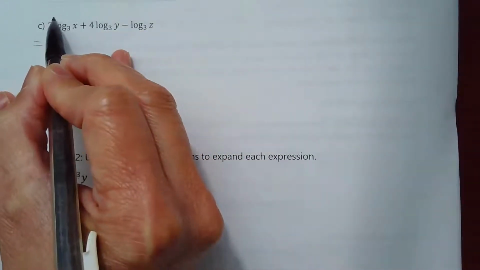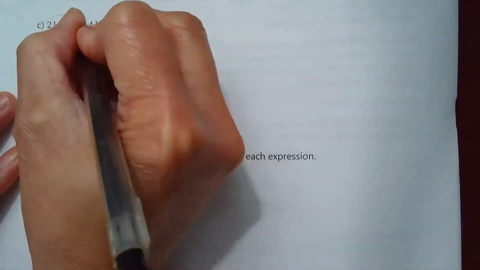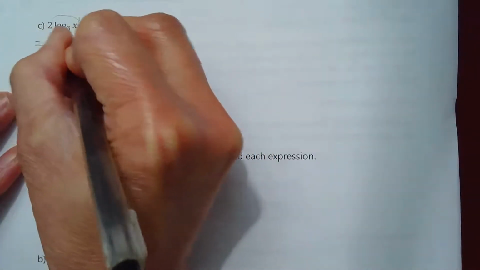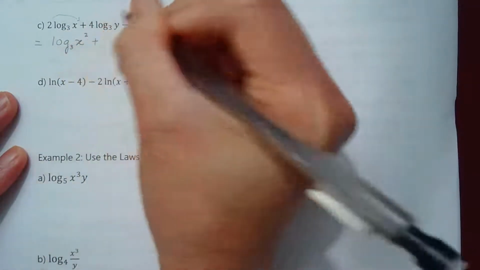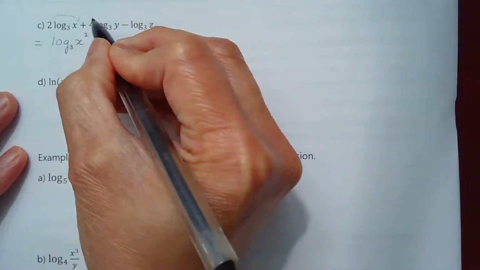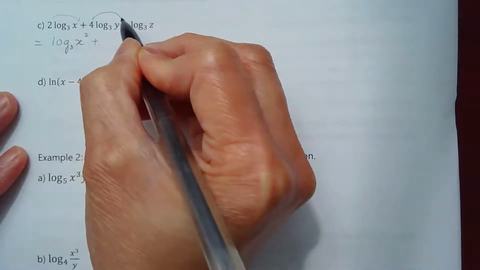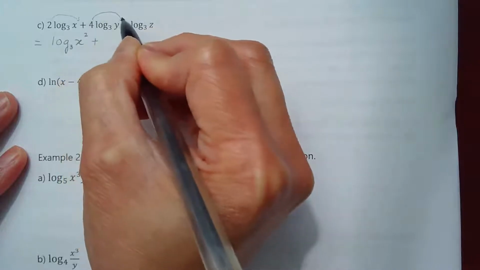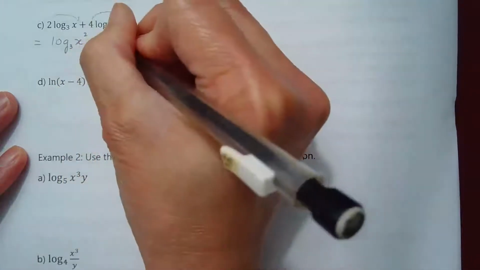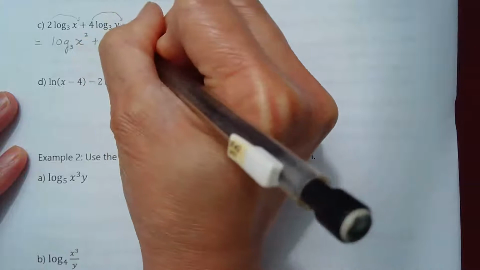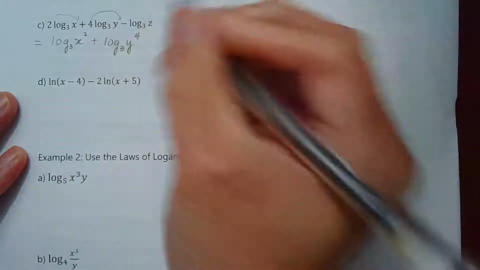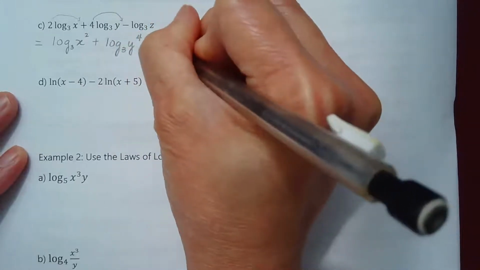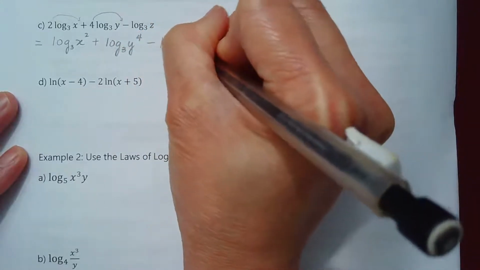So the 2 will be the exponent there. So it becomes log of x squared base 3 plus, again, the 4 here will become the exponent for y. So that becomes log of y to the 4th base 3, and then minus log of z.